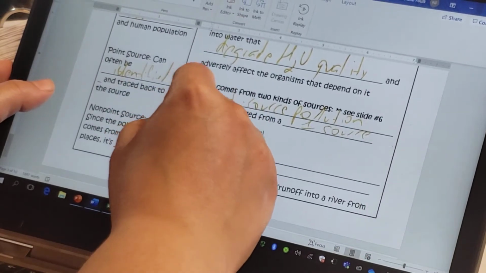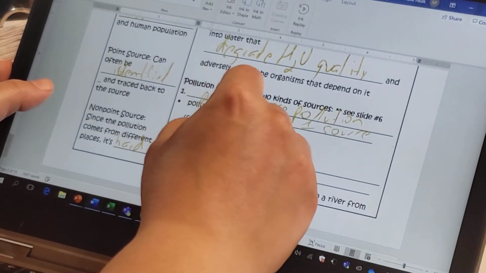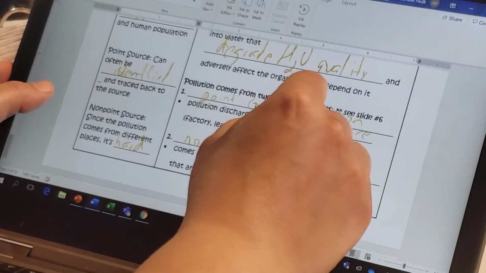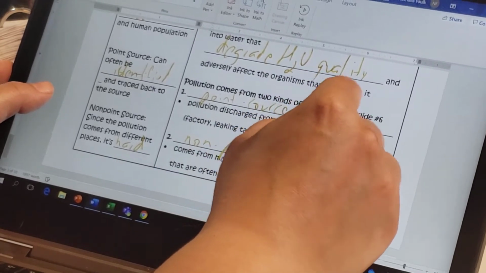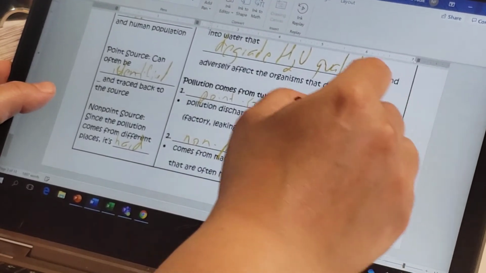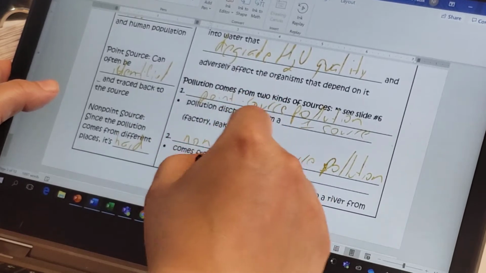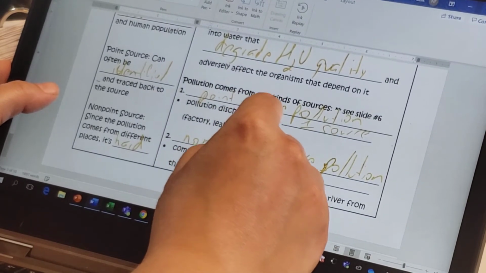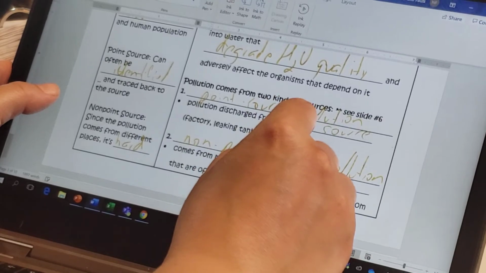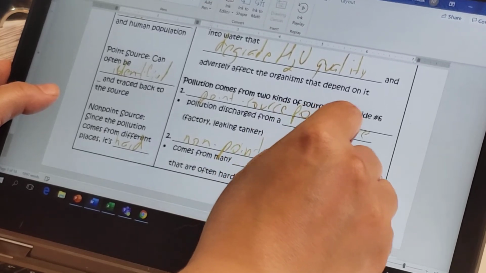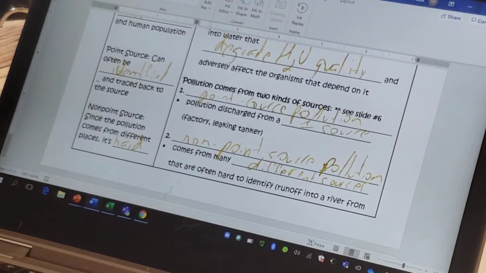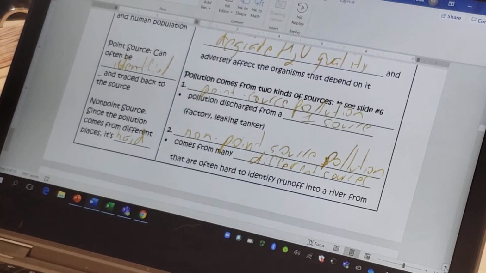And then you've got non-point source pollution. It comes from many different sources that are often hard to identify. Could be runoff from a river, from the surrounding shed, okay, and then who knows how it got there.